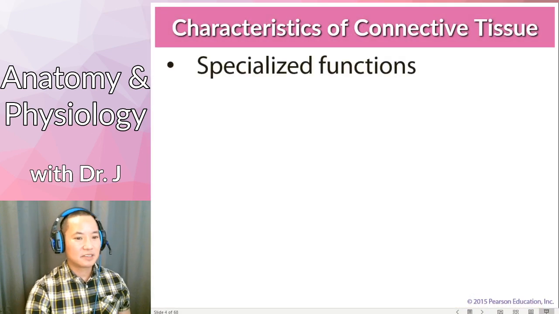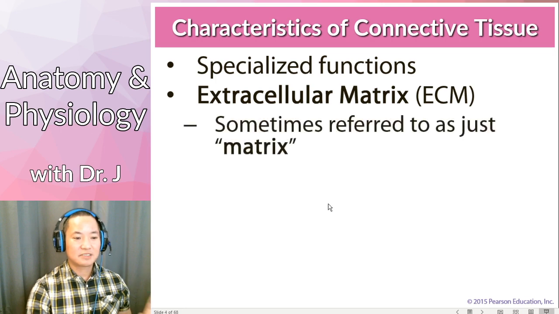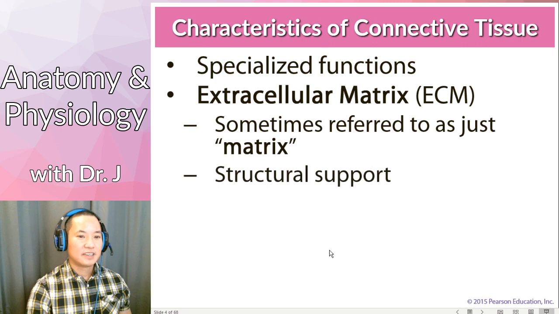All right, the thing about connective tissue is that it's kind of a catch-all term, because there are so many different types of connective tissues and they have so many different functions. Something I talked about was the extracellular matrix. What is the extracellular matrix? I think both Martini and OpenStax just call it matrix. It provides the support for all the cells of the connective tissue. Connective tissue has cells, and remember, tissues are made out of cells.